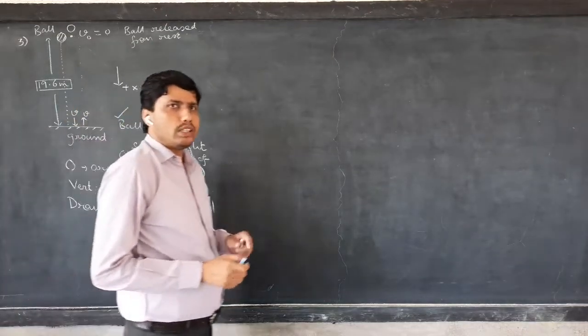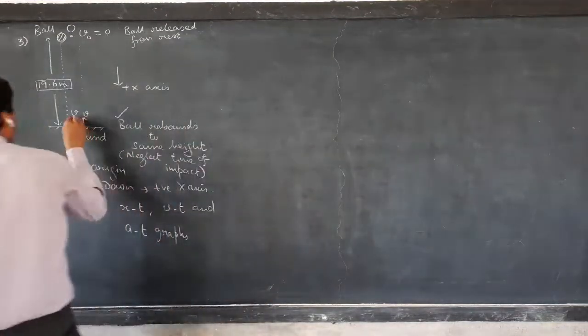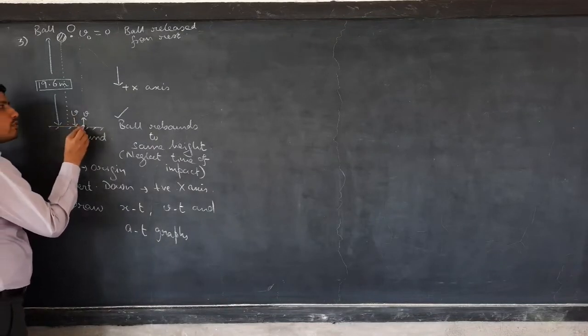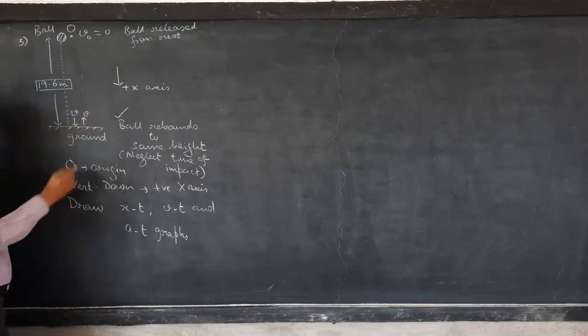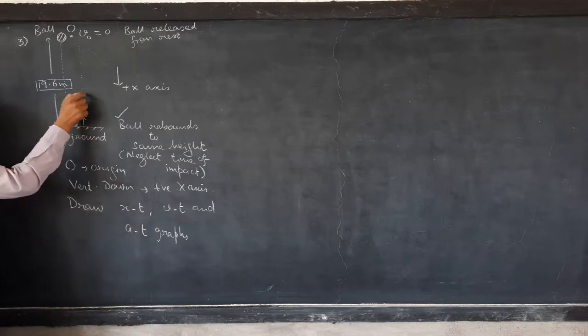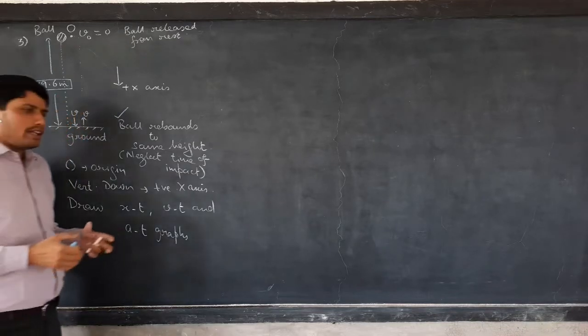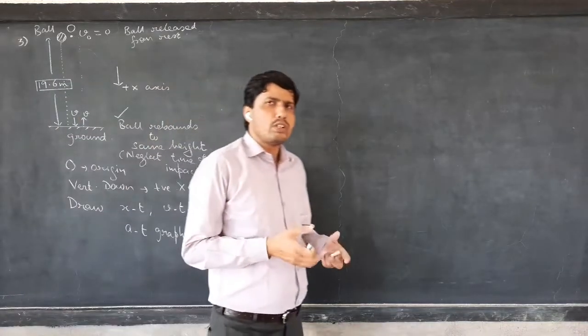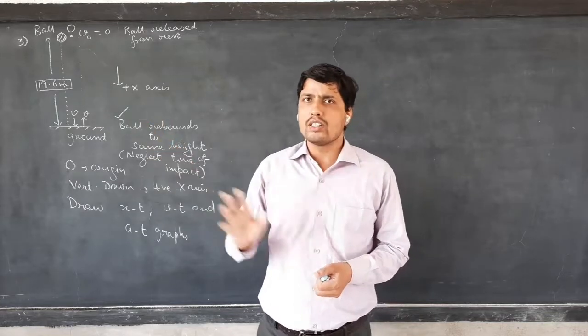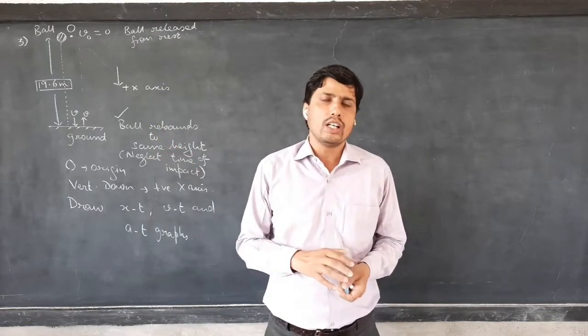This is possible only if the speed with which it hits the ground is equal to the speed with which it leaves the ground. If these two speeds are the same, only then will these two heights be the same. If it loses some of its speed, which actually happens, so this is an ideal case when there is no loss of initial energy.